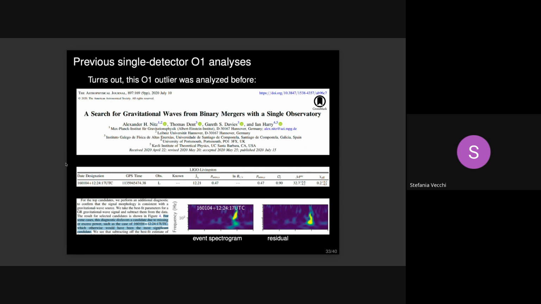This is the original spectrogram that they have. They found the best matching waveform and subtracted it from this data. I don't know what they actually did, but something else happened, and they got a very nasty residual here. They say at the end that they have top candidates, and this is one of them. They performed some additional diagnostics to confirm that the signal morphology is consistent with a gravitational wave source, so the chirpy thing.